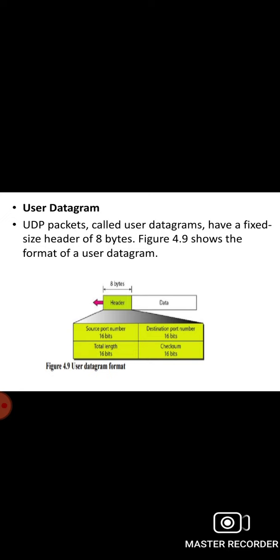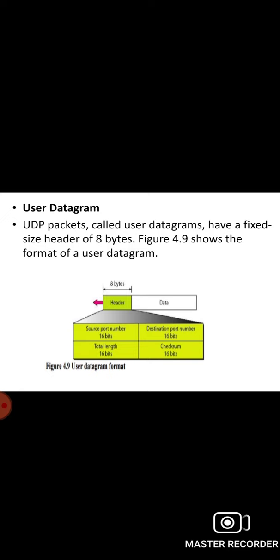If the source host is the client, the port number in most cases is an ephemeral port number requested by the process and chosen by the UDP software running on the source host. If the source host is the server, then the port number in most cases is a well-known port number.